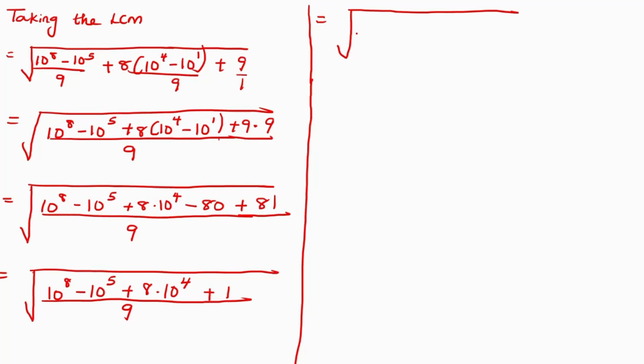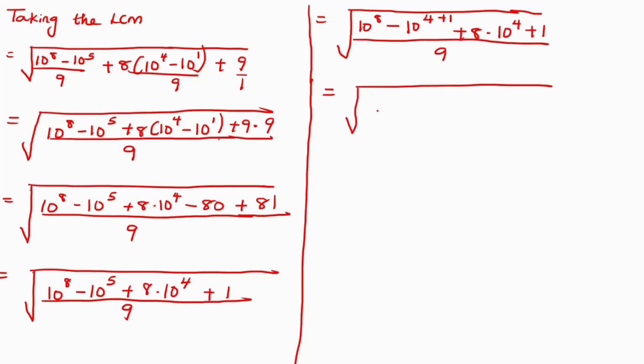At this point, we have 10 raised to the power of 8 minus 10 raised to the power of 5, where 10 raised to the power of 5 can be written as 10 raised to the power of 4 plus 1, plus 8 multiplied by 10 raised to the power of 5 plus 1, all into 9, which is equal to the square root of.